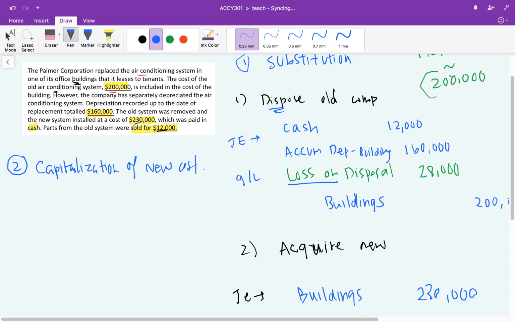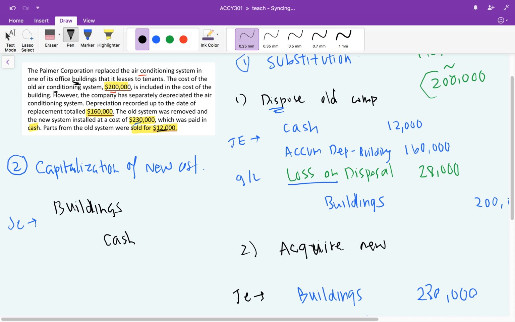So how we're going to do that is, here's our journal entry. We're going to debit buildings. We're going to capitalize the cost that it takes to increase the value, increase future benefits, and then decrease our cash account because that's what we paid with.